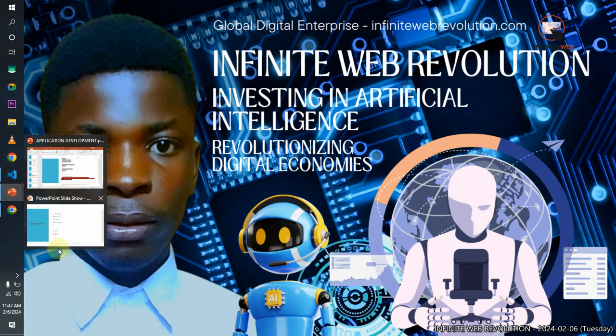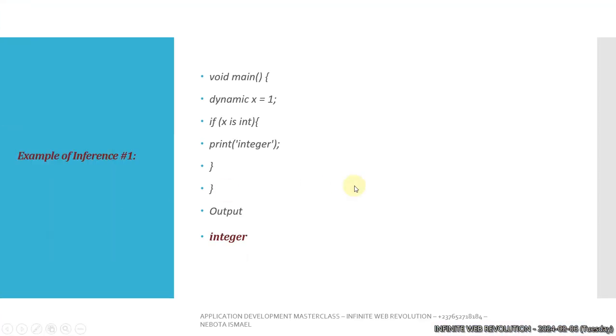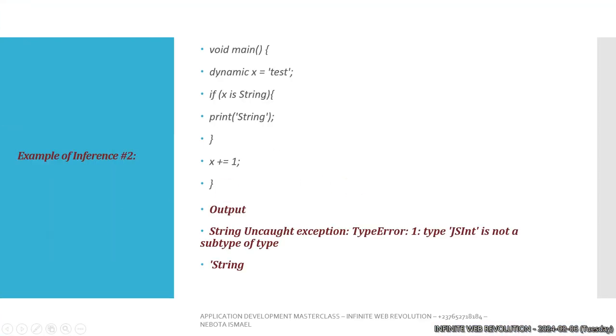So those are just some basic concepts. Now let's look at this particular one. Dynamic x is equal to test. If x is string, print that x plus is equal to 1. Do you see what is happening here? Dynamic x is equal to test, right? This is actually a string, so it's going to print string.